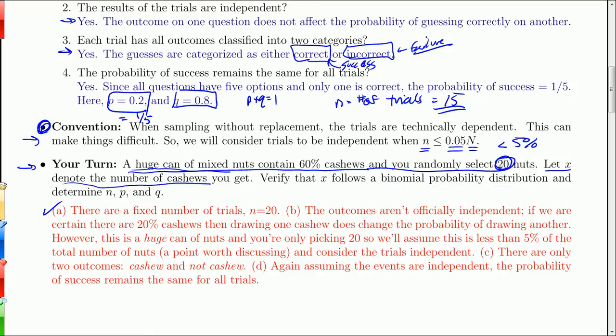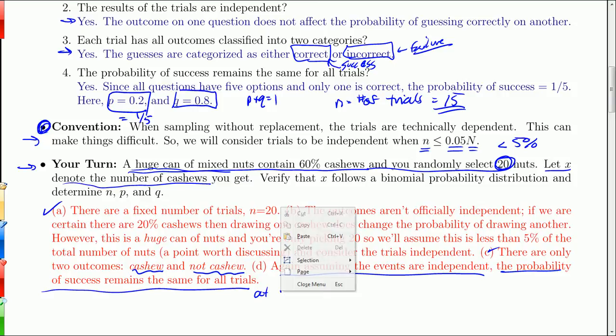What about the other one? There are only 2 outcomes. There's cashew, which we call a success, and not cashew, which we call a failure. And again, assuming the events are independent, our sample size, our 20, is less than 5% of the population, which is the number of nuts in the can, the probability of success remains the same at, sorry, 60%.